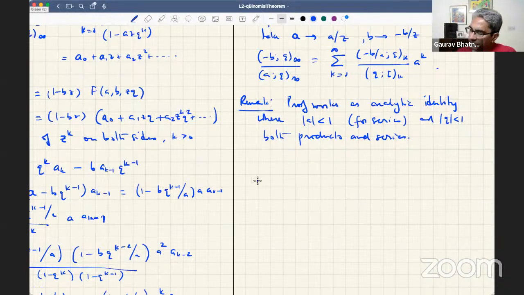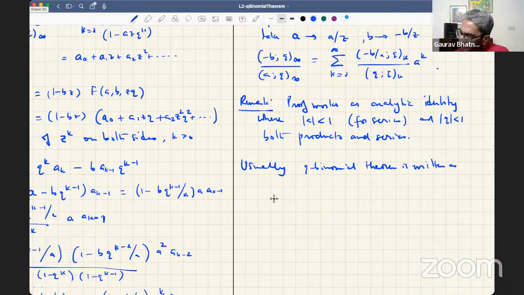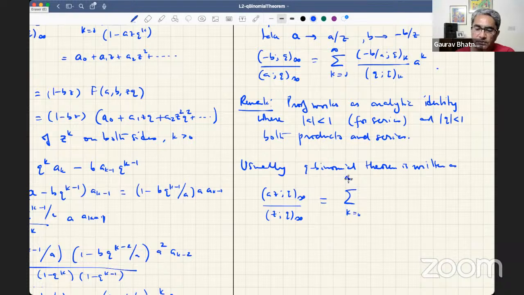So usually the q-binomial theorem is written as (azq;q)∞ over (zq;q)∞, which is equal to the summation k going from 0 to infinity of (a;q)_k over (q;q)_k times z raised to k.